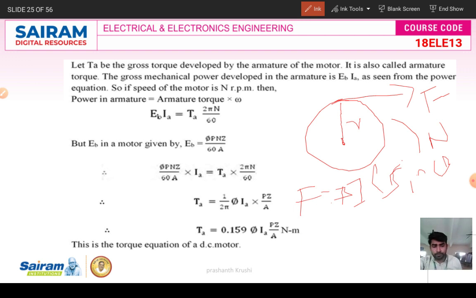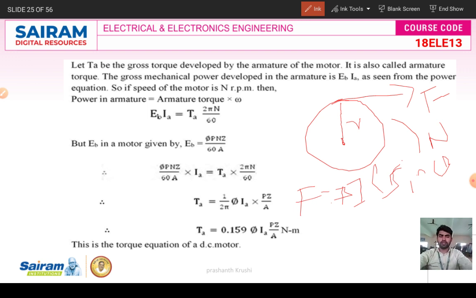F is the force. Torque is nothing but twisting force or turning force about the axis. When current flows in this DC motor, it gives two powers: electrical power and mechanical power. Electrical power is the armature current into the voltage, that is EB into IA.